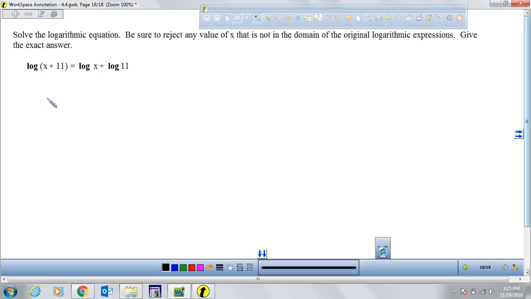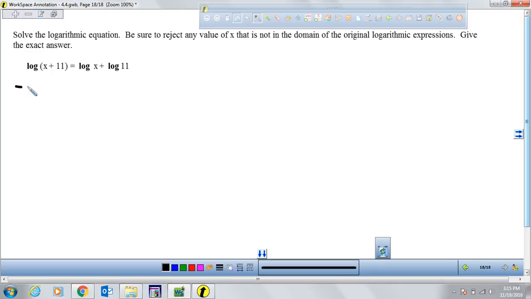Now, for this equation, the first thing is that we need to make sure that we can put all the logs on one side of the equation. That is one way of doing it. I can either bring these two logs over to the left side or bring this log over to the right side, whichever way you want to do it. It is okay. It is going to give us the same result. Let's say we bring this log over to the right side.